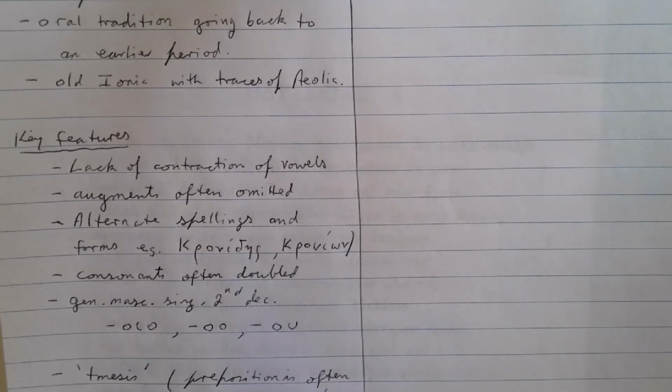The augments are often omitted in past tenses. You get alternate spellings and forms, for example, Chronides and Chronion. Consonants are often doubled. Often the reason for doing that is because of the meter.